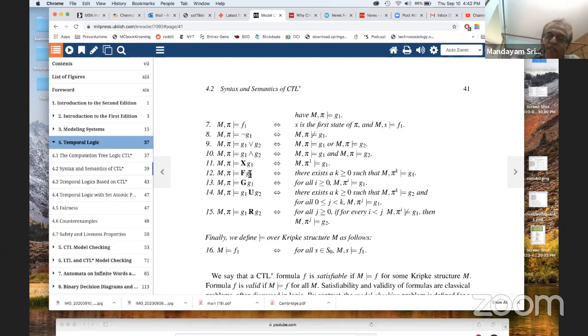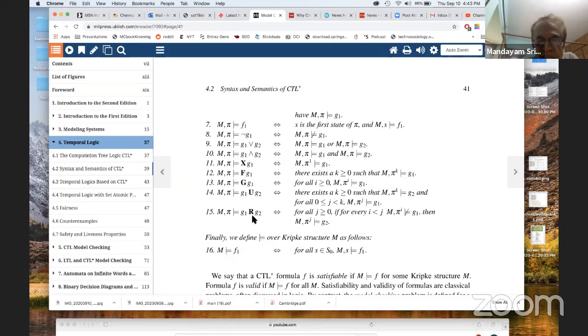Some of them can be derived from the others. Just like in propositional logic, there are various subsets of logical connectives which are universal. So here too, some of them can be derived from the others.